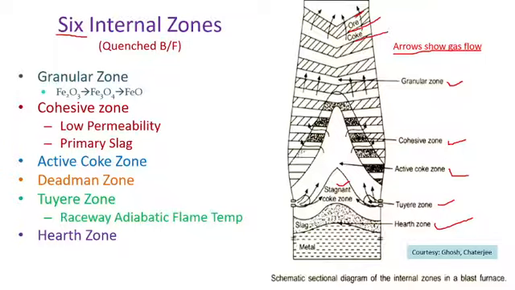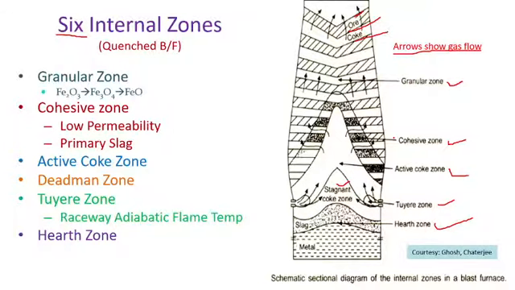It is due to the charging sequence inside a blast furnace. During charging, alternating layers of coke and ore are charged, so there will be alternating layers of ore and coke in the burden. Iron oxides get reduced in this region to their respective lower oxides or metallic iron towards the lower end of this granular zone, near the cohesive zone.